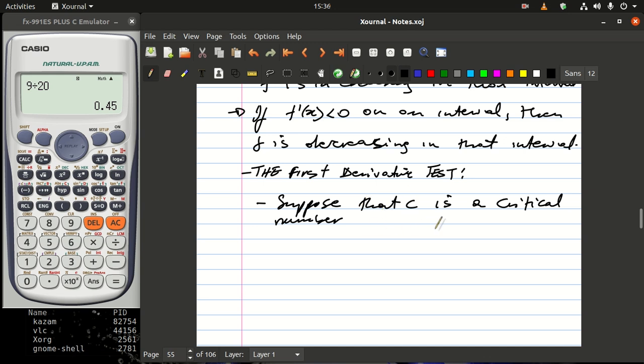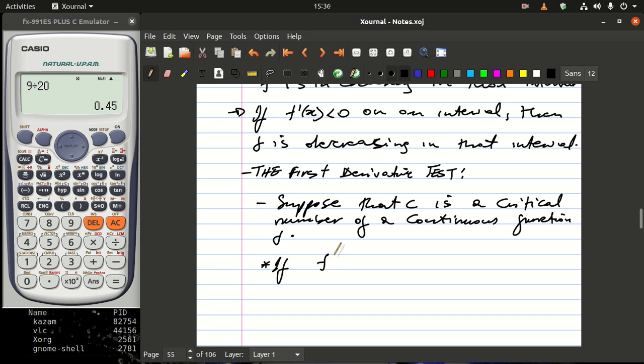So suppose C is a critical number of a continuous function. So you must have a continuous function. Let me call this function f.